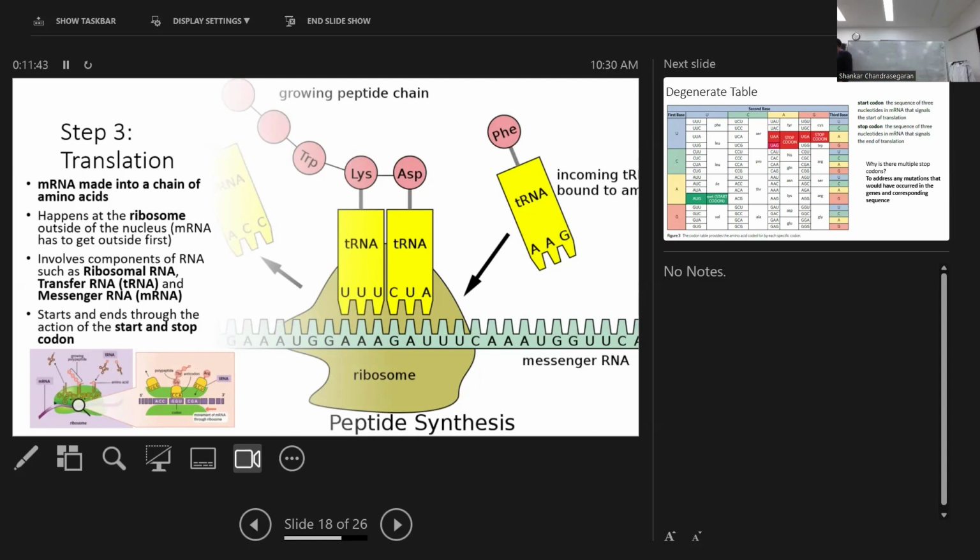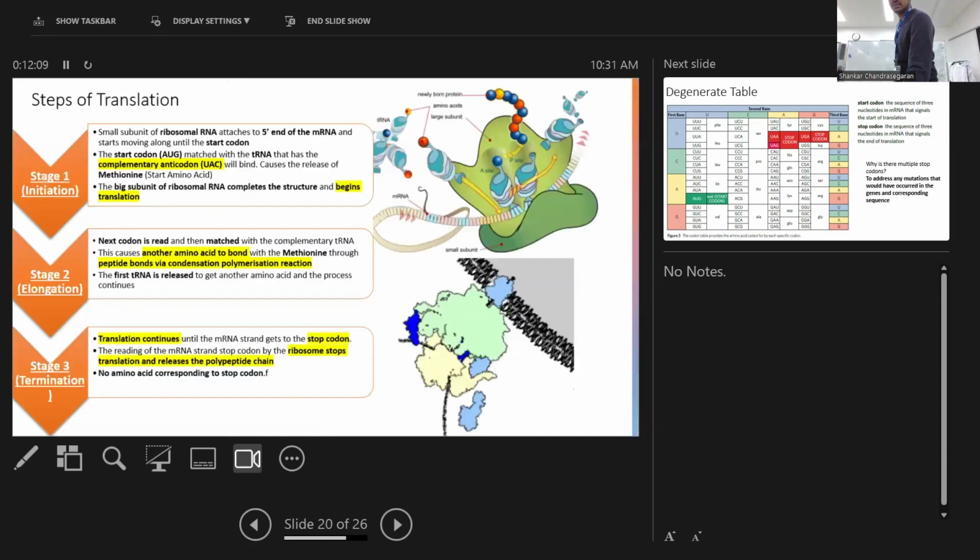Once it finds a complementary strand, this triggers the amino acid to be released, linking together with the long chain of polypeptides. Then it detaches from the amino acid and gets released off at the third step. This process continues all the way until the stop codon is reached at the 3' end of the molecule.